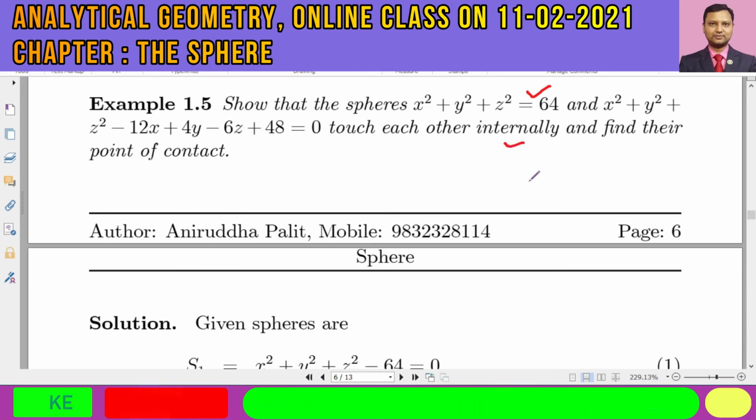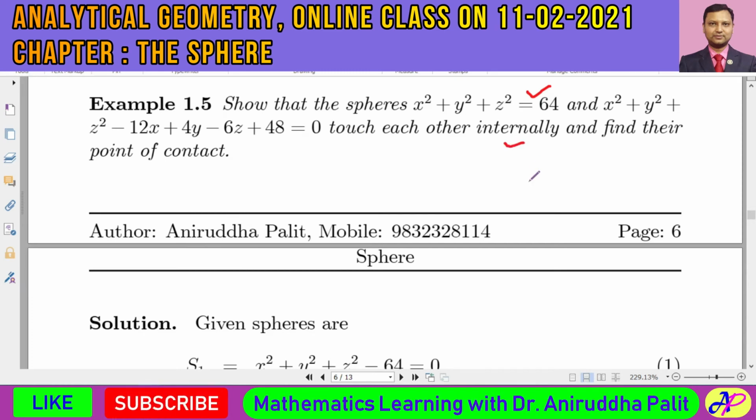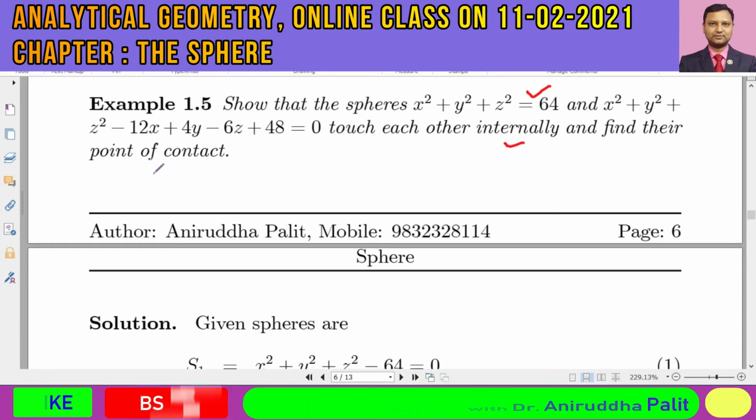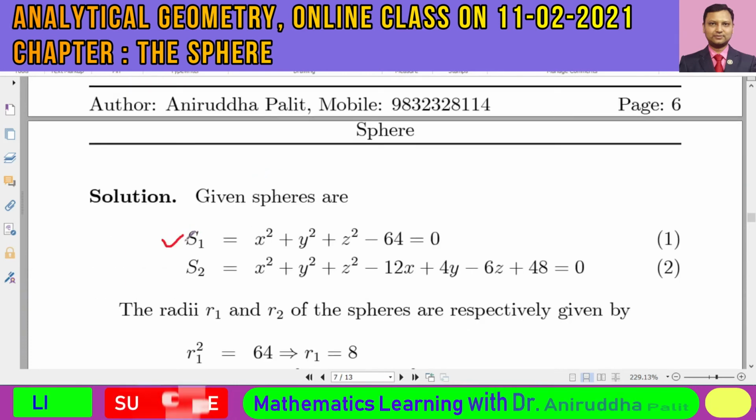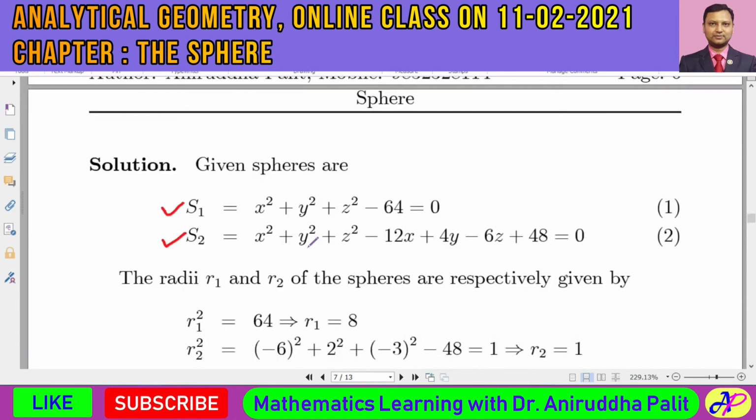We shall have to show that they touch each other internally, and we will have to find their point of contact. So let us represent these two spheres by S1 is equal to 0 and S2 is equal to 0.